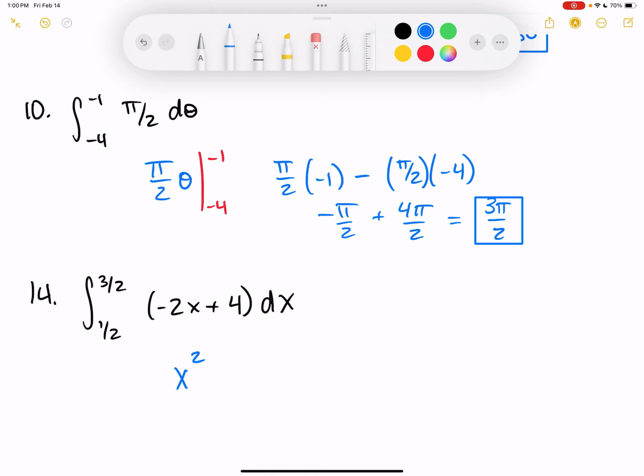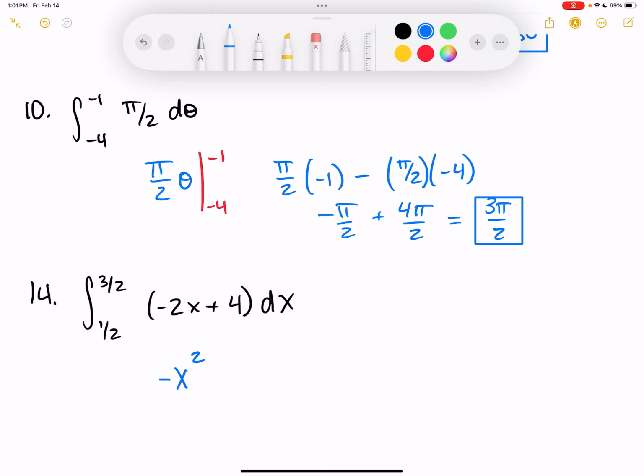I'll say, okay, this has got to be x squared. If I take the derivative of this, it would give me 2x. So what still has to be in front of it? A negative. Once you find your antiderivative, you can take the derivative of that piece. If I take the derivative, this would be negative 2x, and I know that I'm back to where I'm supposed to be. So I always throw the exponent up here first, and then figure out what I need in front of it so that if I take the derivative, I get to what this was to begin with.